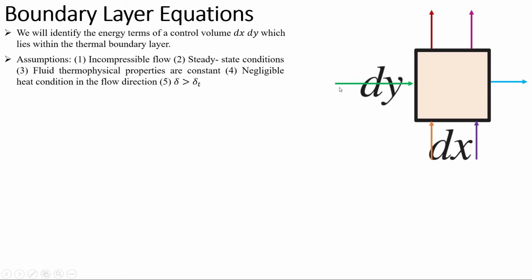This green arrow shows the fluid motion. Fluid is moving in the x direction, so conductive heat transfer in the flow direction is negligible, and we have assumed that the velocity boundary layer thickness is greater than the thermal boundary layer thickness.